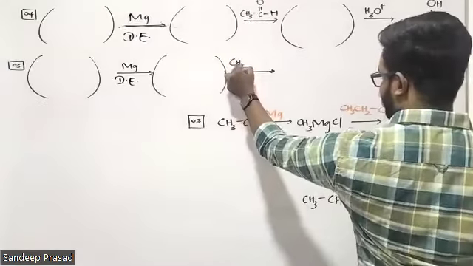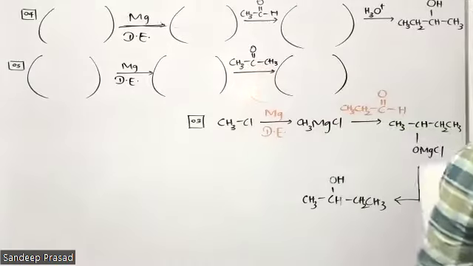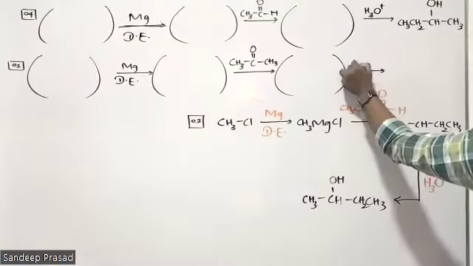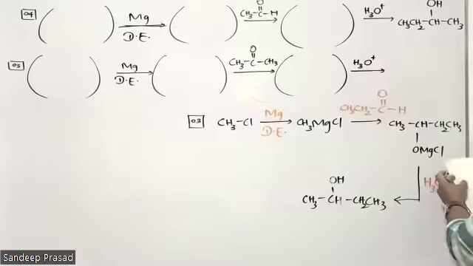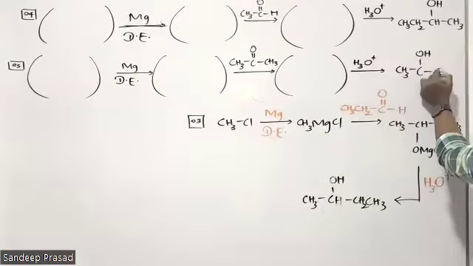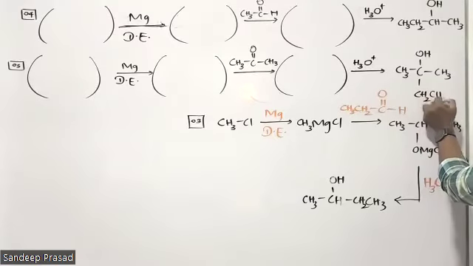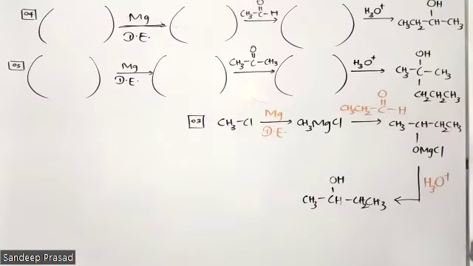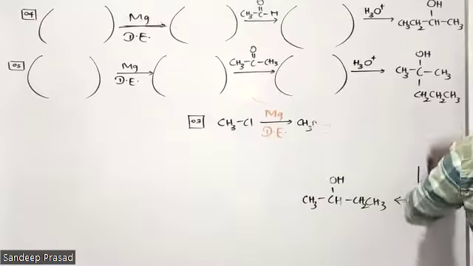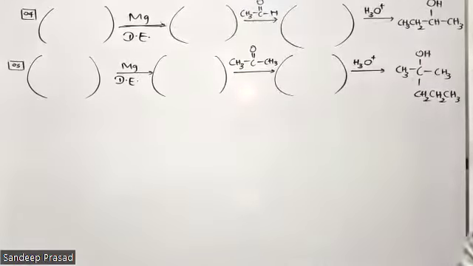We are adding acetone, CH3C double bond O, CH3. H3O plus is added. Number 5.